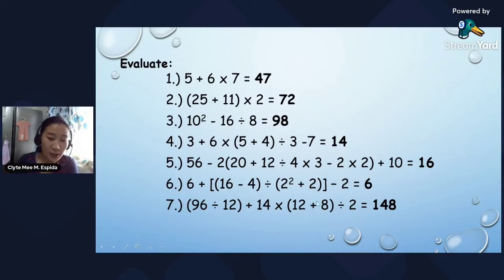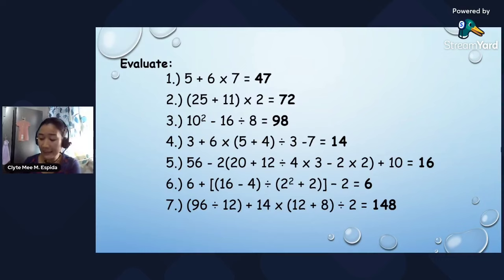Then another parenthesis: 12 plus 8 is 20. So the new equation would be 8 plus 14 times 20, divide that by 2.